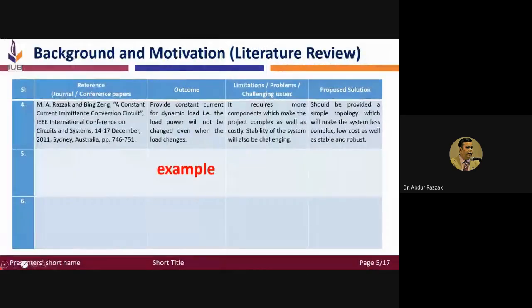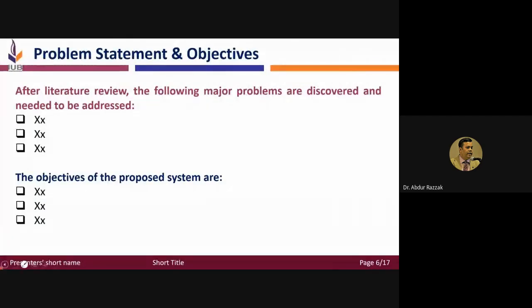Then follow this. After this literature review, the following major problems are discovered and need to be addressed. So list them, for example 1, 2, 3, 4, whatever you want. And then how many of these problems you want to address, that will be your objectives.